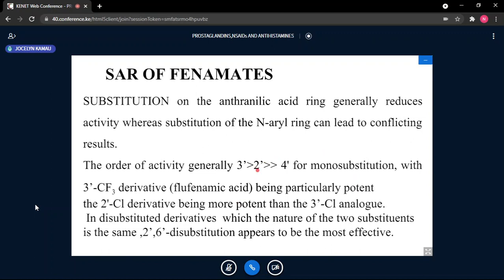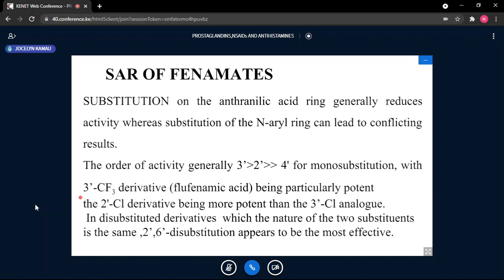And that is why flufenamic acid has its trifluoromethyl group at position 3' for maximum activity. So for mono substituted, you find that 3' is greater than 2', much greater than 4'. So you will not get any drug with a substituent at 4' for mono substitution, with the 3' trifluoro derivative, flufenamic acid, being particularly potent.